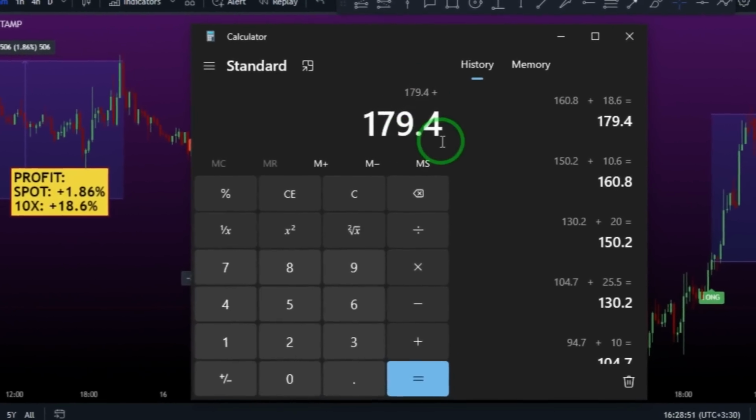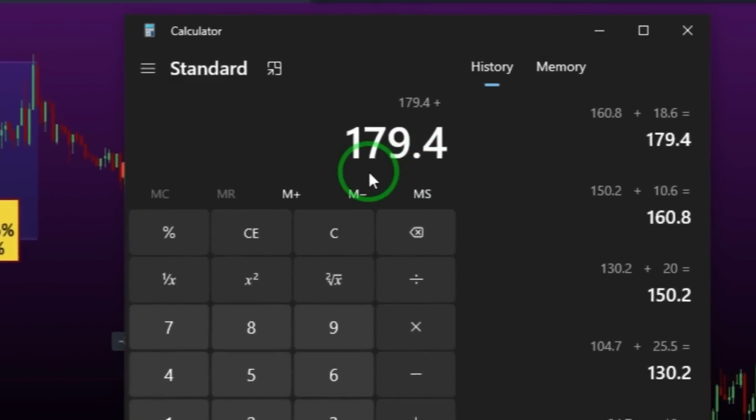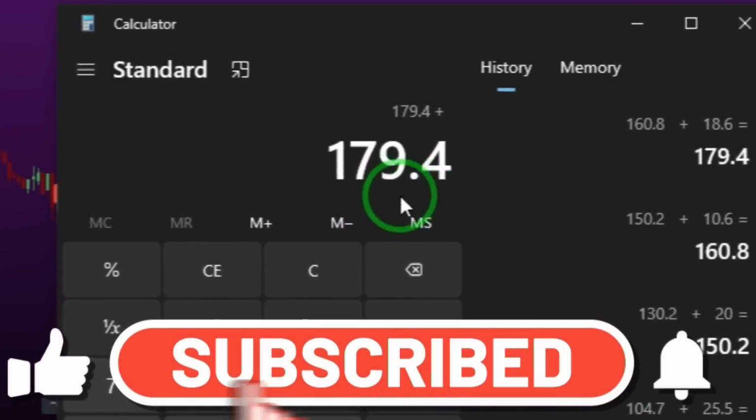As you can see, we made 179% profit with just a few successful trades, which is amazing using only one indicator with a few trades.